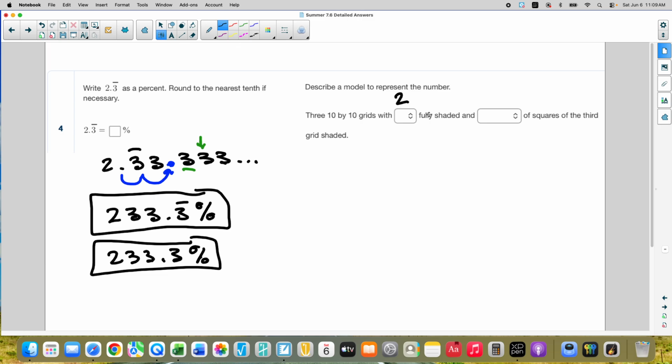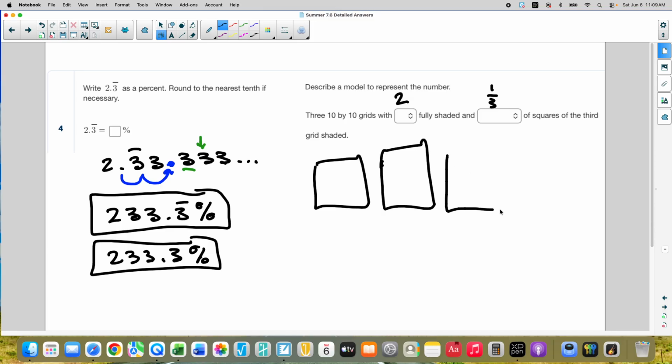And then we would shade 1/3 of the third grid. So that's 100, that's 200, and then you would have 33.3 shaded. So it kind of looks like this. That's 100, that's 200, and then that's 33.3 repeating shaded.